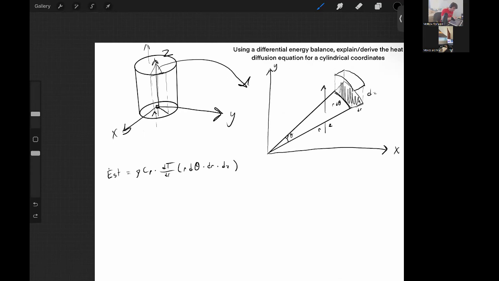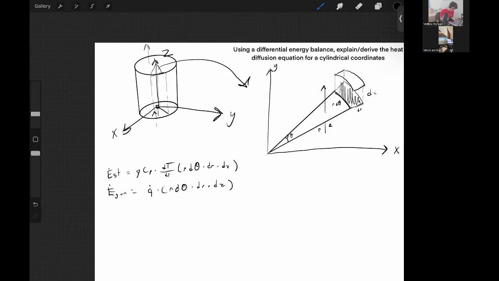That makes sense intuitively. So if we look at energy generation, this is a very similar type of rationale. We have the heat being generated in our system, and this is being multiplied by the change of volume that we have over here, which again we just said is a delta change of radius and a change of the z direction.